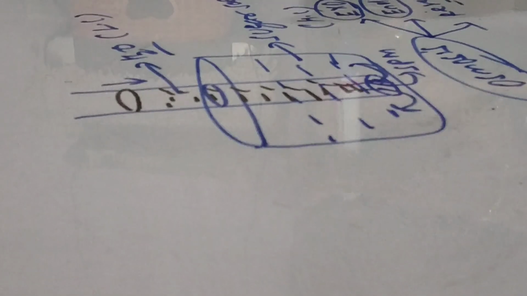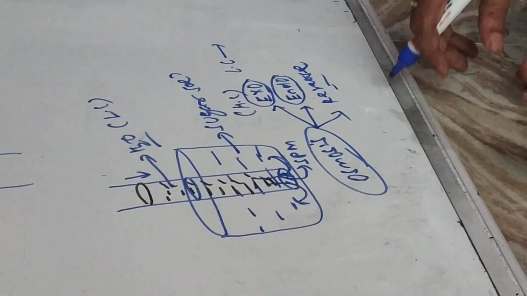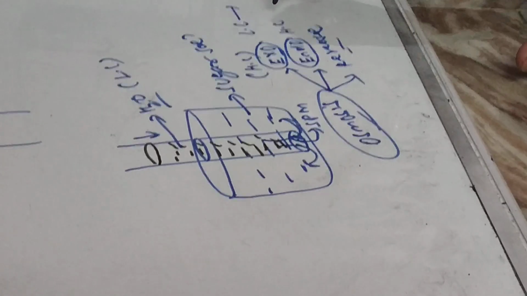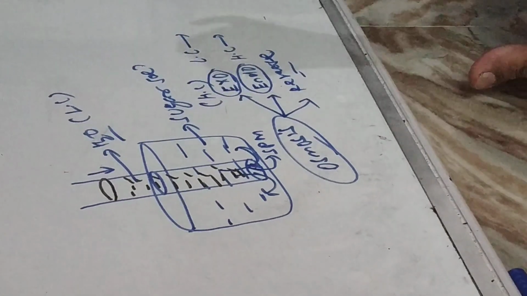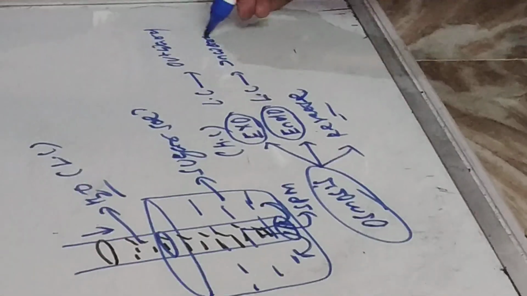If I am telling exosmosis, what does it indicate? In the process of exosmosis, the lower concentration particles move outward through the SPM. If I am telling endosmosis, here the lower concentration particles move inward through the SPM.